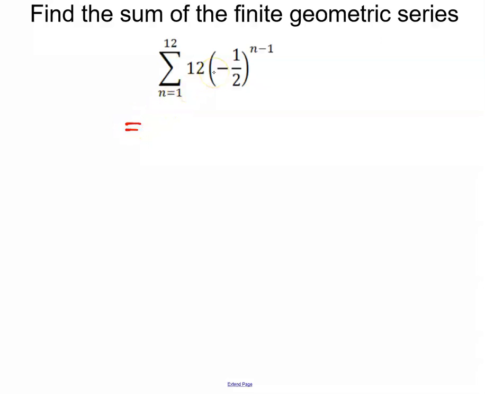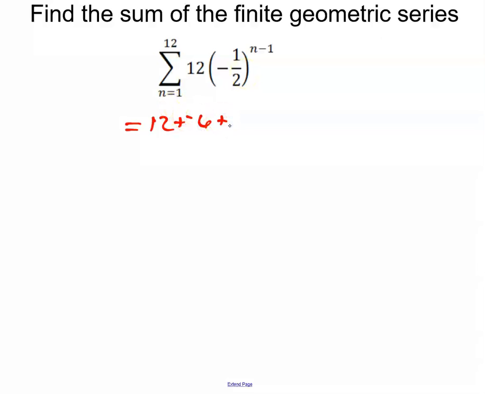So when n equals 1, that would be 1 minus 1, which is 0. Anything to the 0 power is just 1, so you just get 12 times 1. Then when n is 2, you have an exponent of 1, so that's 12 times negative 1/2, which is negative 6.